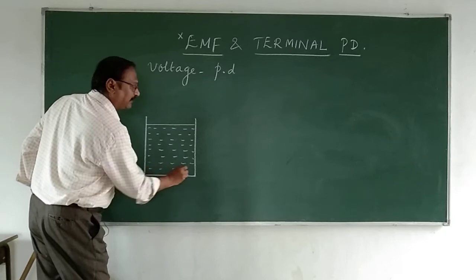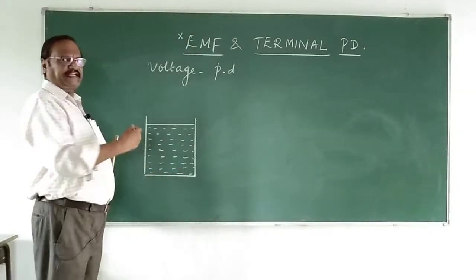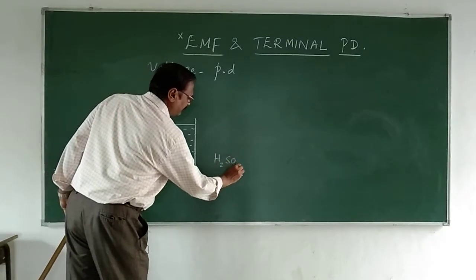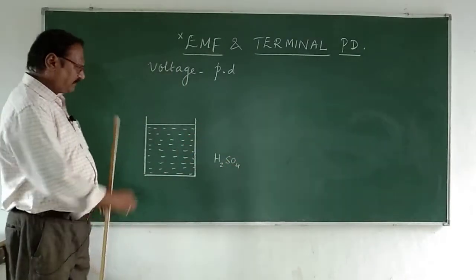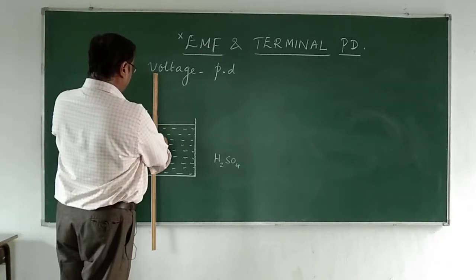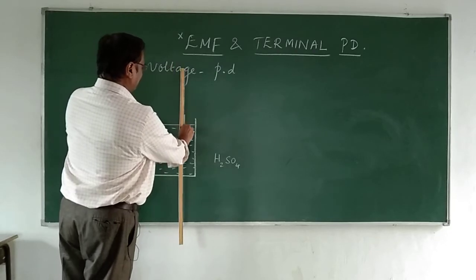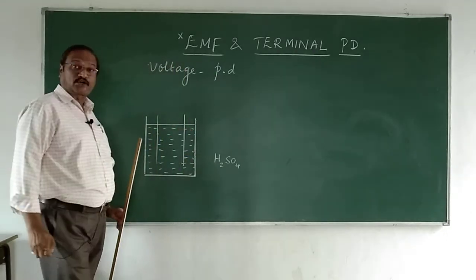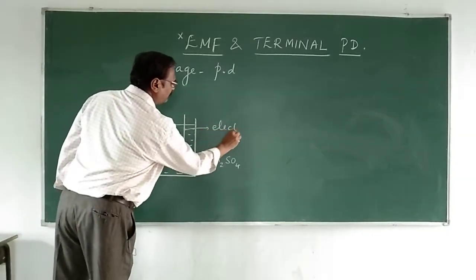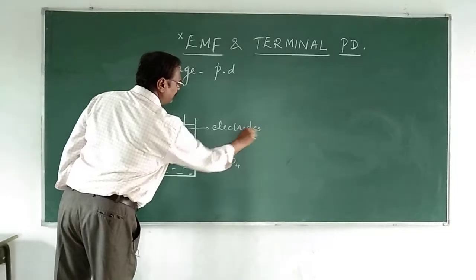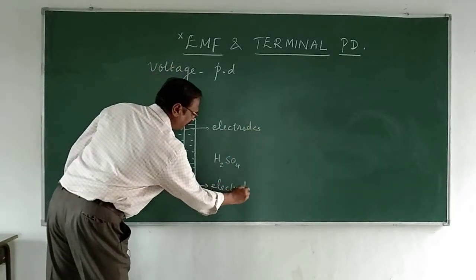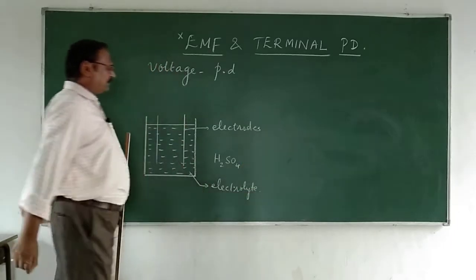It's a solution. We can take any solution, like H2SO4, and some other chemical with that. We place two plates inside, and these plates are called electrodes. There are two electrodes, and this is called the electrolyte, a solution.